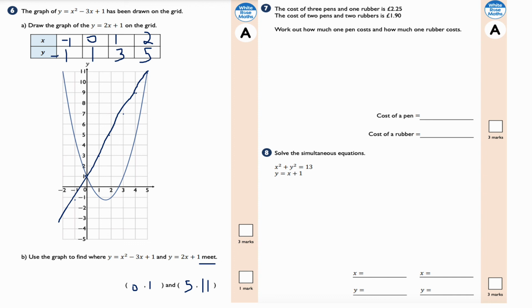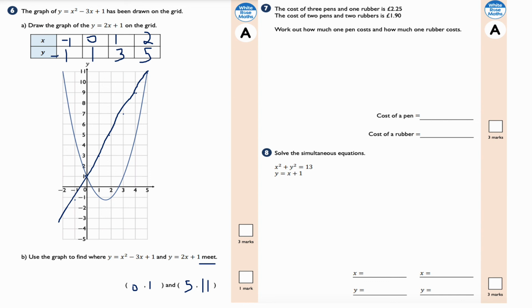When x is 0, 0 squared is 0, minus 3 lots of 0, which is 0, plus 1 is indeed 1. And then here is going to equal 1 as well. 2 times 0 is 0, plus 1 is 1. Here I'm going to have 5 squared is 25, minus 15, which is 10. So plus that 1 is 11. 2 times 5 is 10, add that 1 is 11.